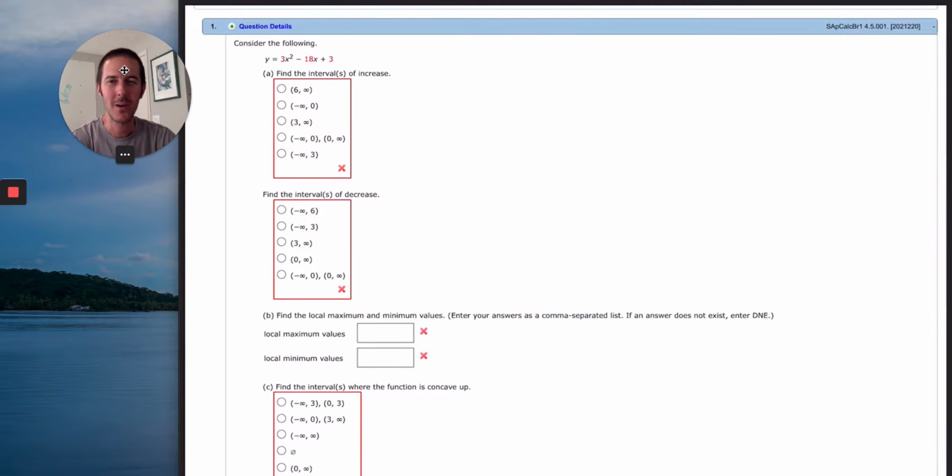All right, here we are looking at a couple of additional practice problems regarding material from Chapter 4, Section 5, which is almost exclusively about sketching curves.